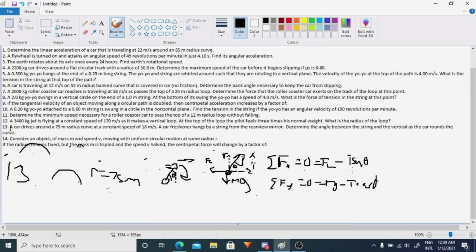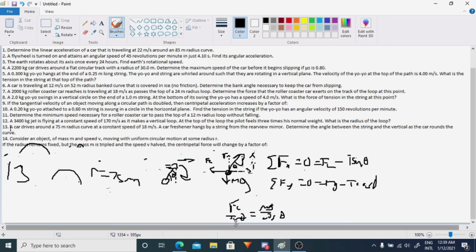So now what this means, we're going to change this equation to Fc equals T sine theta, which we're going to actually change. We're going to set both equations equal to tension, so Fc over sine theta, and this is going to be mg over cosine theta equals T. So now we can set these equal to each other because they both are equal to T. So Fc over sine theta equals mg over cosine theta.